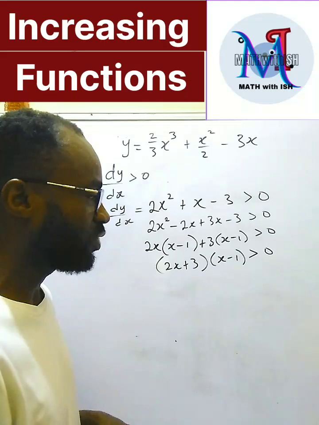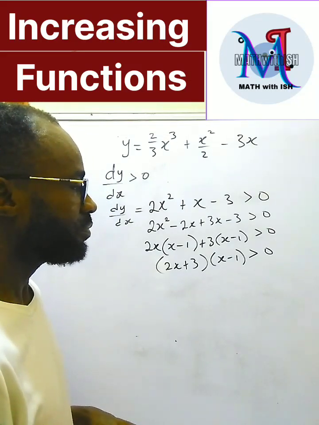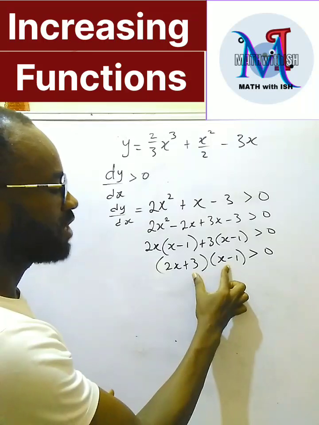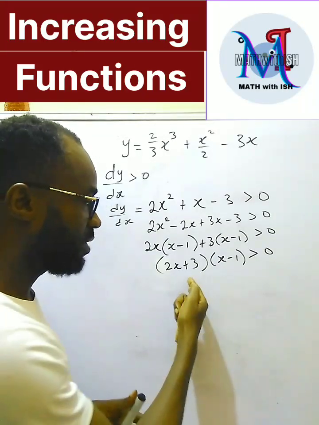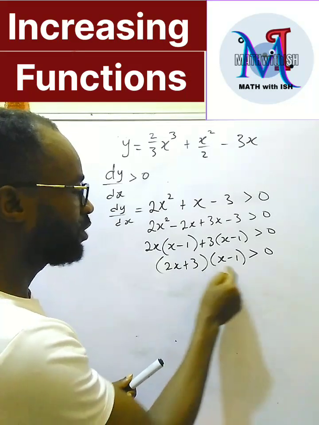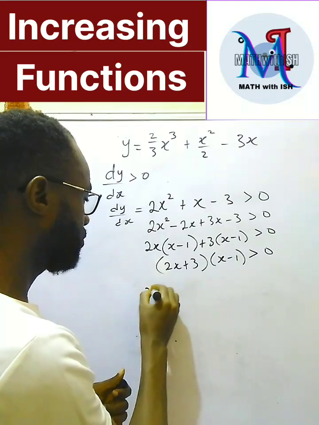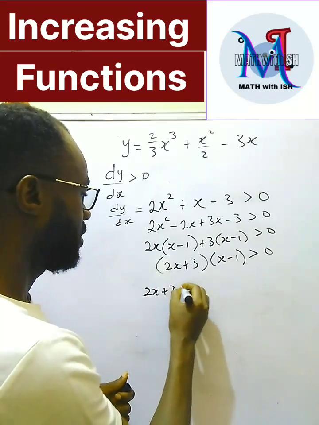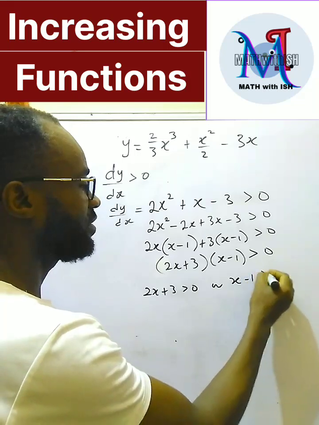So what do we do now to get our values for x? If 2 terms multiply themselves and is greater than 0, what does that tell us about these two? It simply means that either the 2 numbers are both greater than 0. So it's either that 2x plus 3 is greater than 0 or x minus 1 is greater than 0.